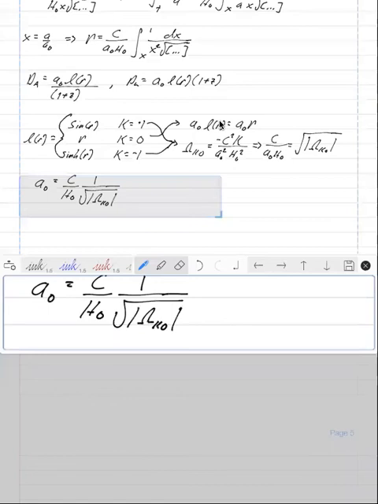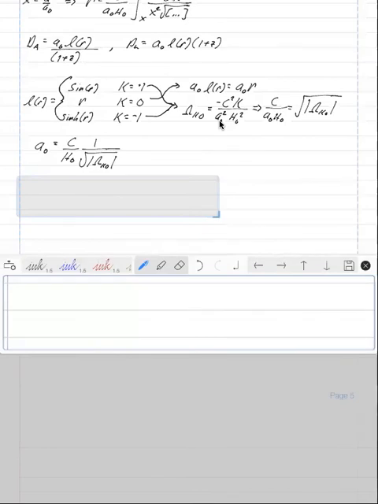I think I did that right. All right, and that's how you calculate the co-moving distance r, so that you can then calculate the angular diameter distance and the luminosity distance.